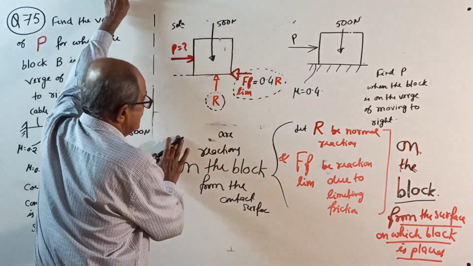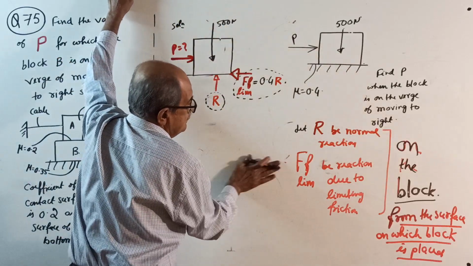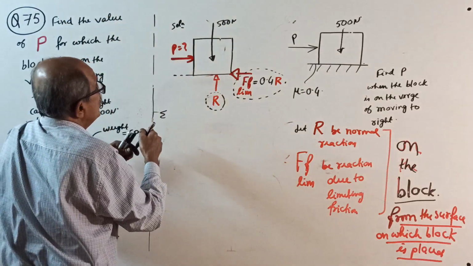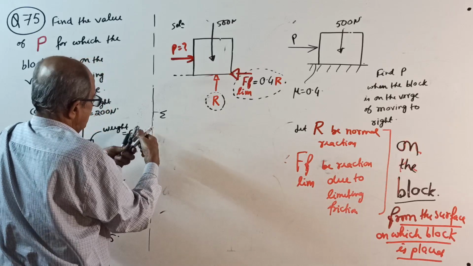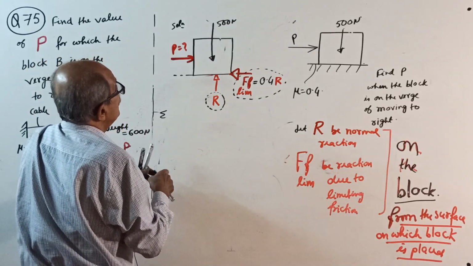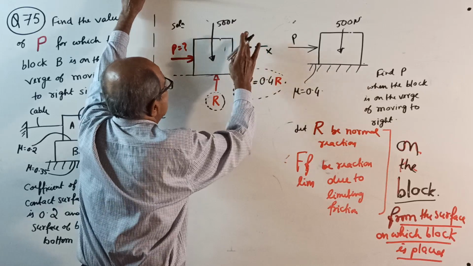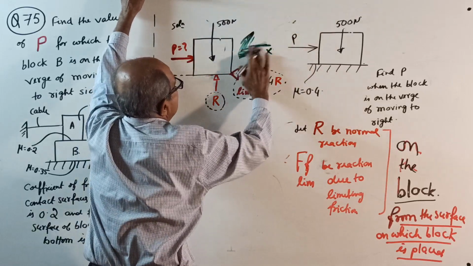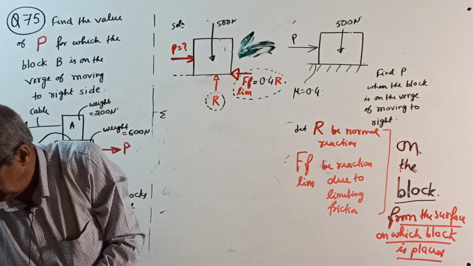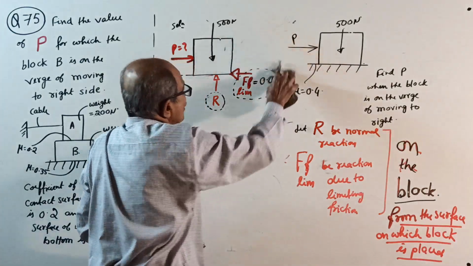Now you solve it. Now this is in equilibrium. Sigma, as usual, your x and y are usual. This time no confusion because it is a horizontal plane.